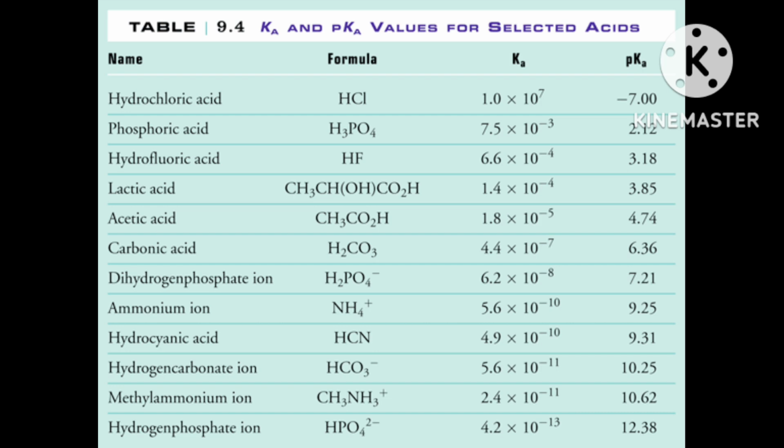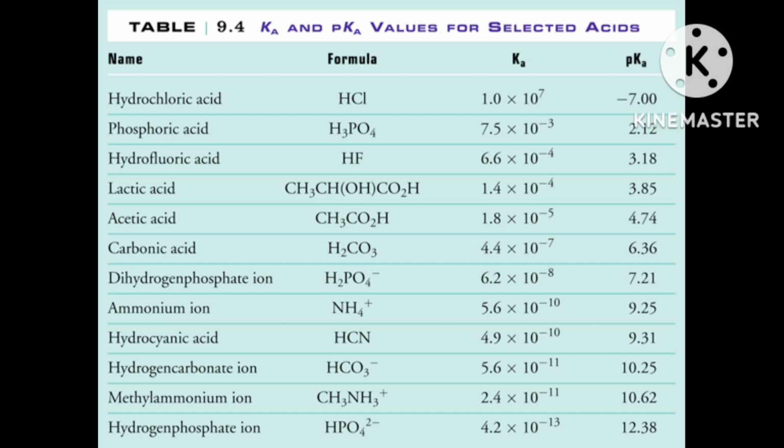Now if you simplify, it will take the form of a quadratic equation: x squared plus 10 to the power minus 8 x minus 10 to the power minus 14 is equal to 0. From the quadratic equation, you know the formula already, so you will get the value of x after simplifying.